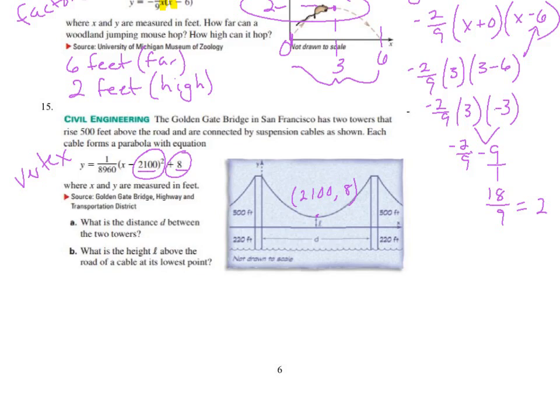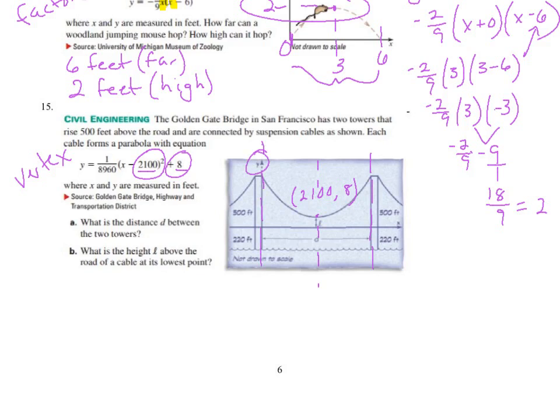And just like in the problem above, if I know the vertex, that is the center of the graph, which means I can have that help me find how long it is. So, if I know the center is at 2,100, that means over here, if we count and see the labels, that's the y-axis.